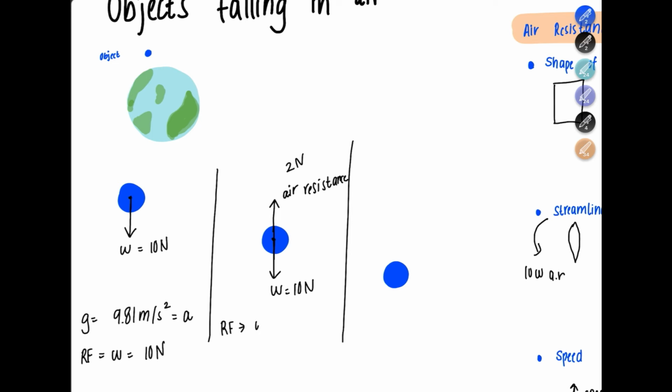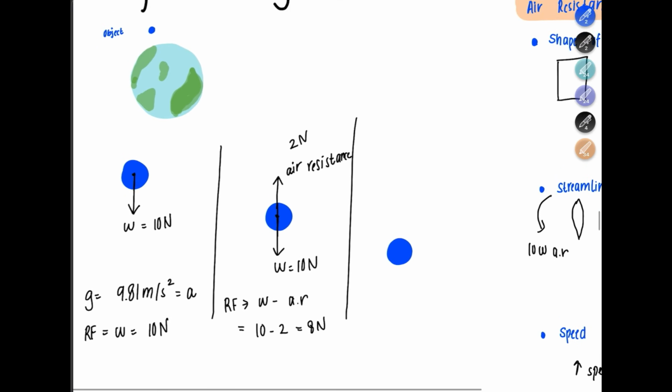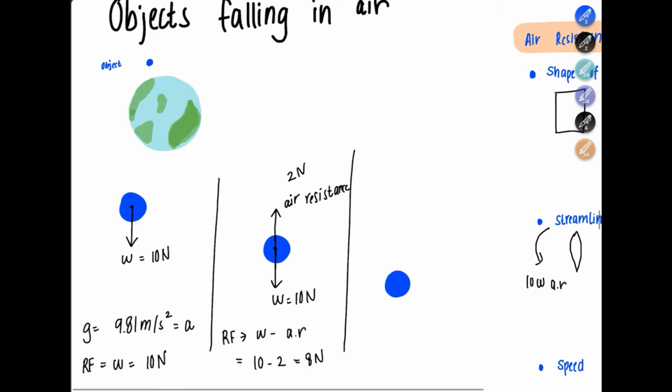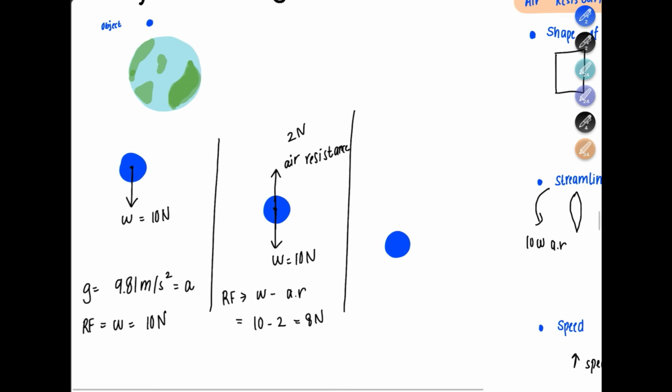This is going to be W minus air resistance. So this is going to be 10 minus 2 newton, which is 8 newton. So you can see that the resultant force has reduced. Now force equals ma, so force is directly proportional to acceleration. Now the value of acceleration is less than g, less than 9.81.